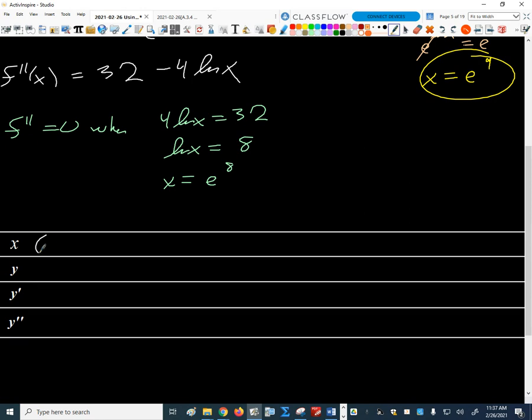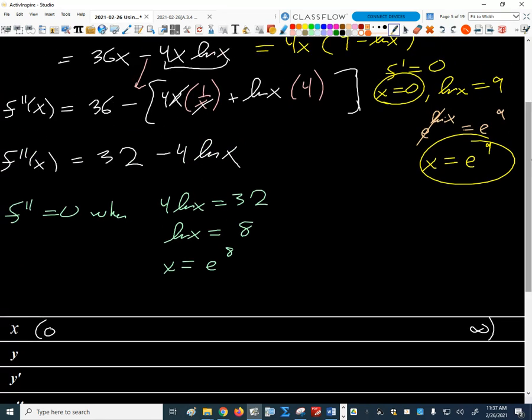So our domain this time is from 0 to infinity. We had first derivative critical numbers at 0. Is that a legit critical number then? Thumbs up or thumbs down?